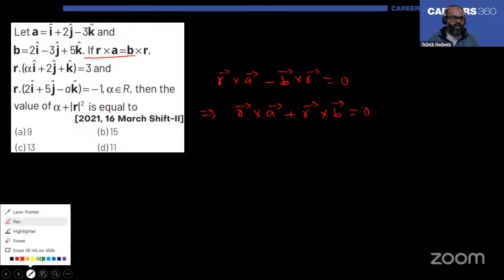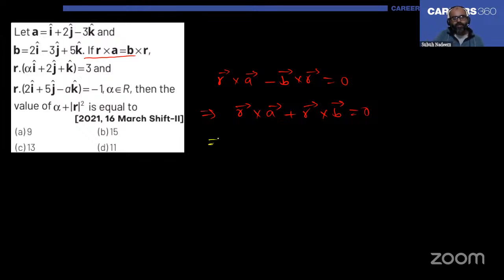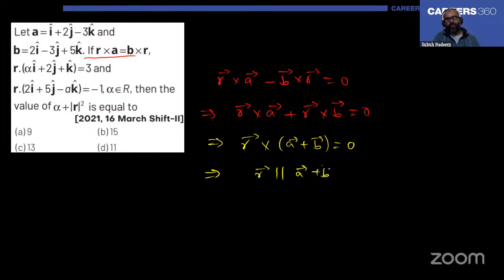Now if we take R common, so R cross product with A plus B is equal to 0. Now if R is having cross product with A plus B 0, it means that R is parallel to A plus B. Then only theta is 0. And if theta is 0, then cross product will be 0.